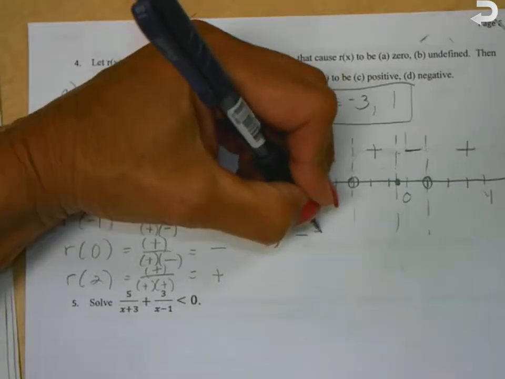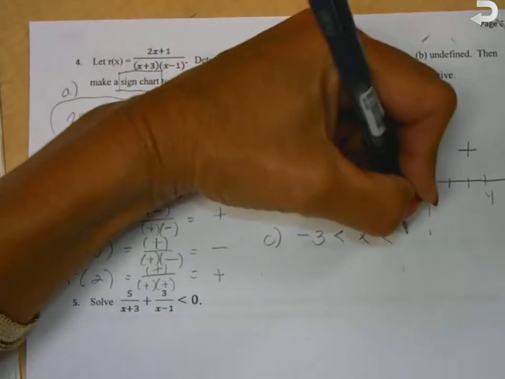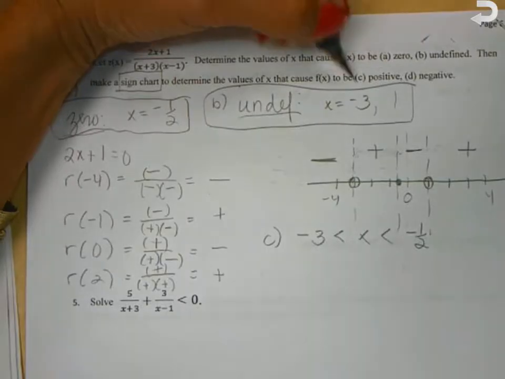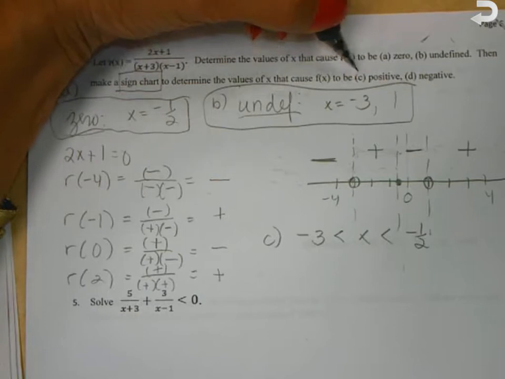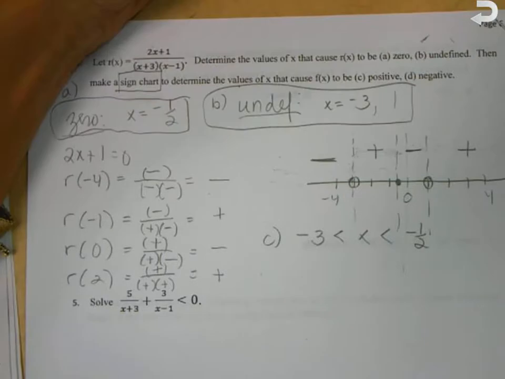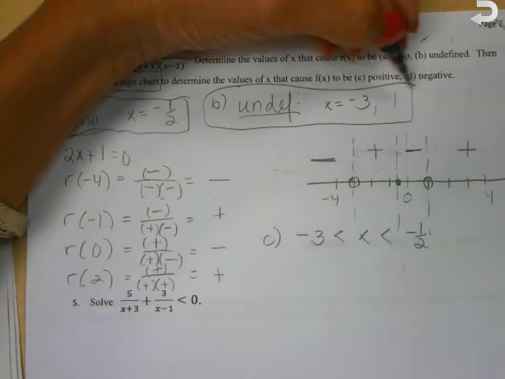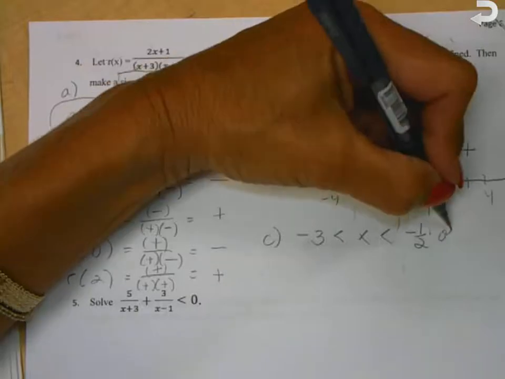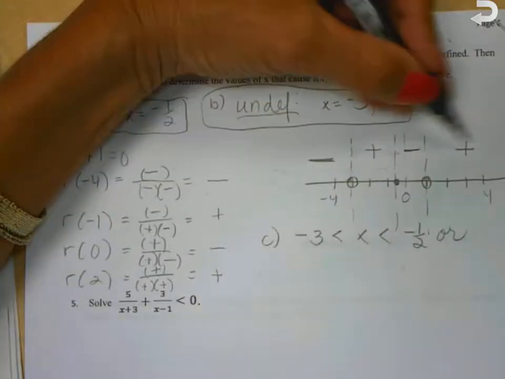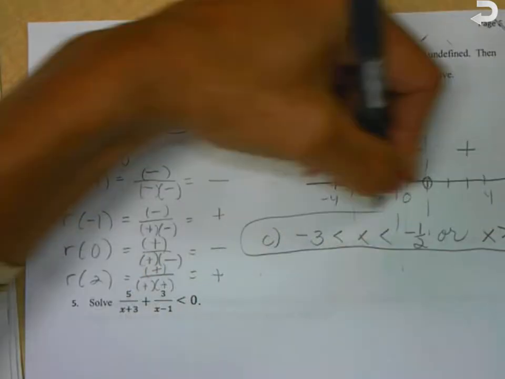So I will have positive values anytime I plug in a number that is between negative 3 and negative 1/2. Now it said positive. I can't have it actually equal 0. I want it to be a positive value. If I wanted it to be greater than or equal to 0, I would put the equality here at negative 1/2. But I want it strictly to be positive. Now we also have it positive when x is greater than 1.